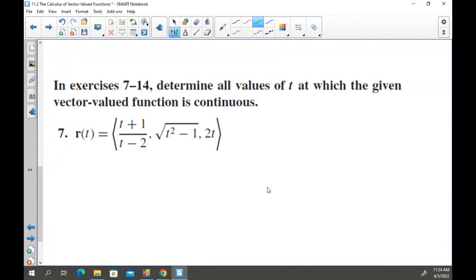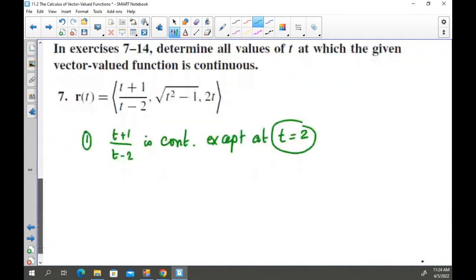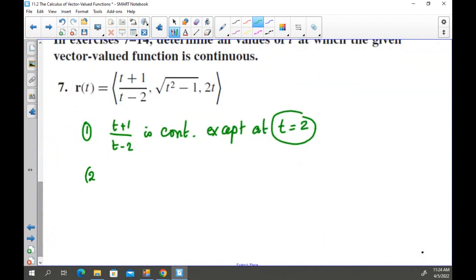The first one, t plus 1 over t minus 2, is continuous everywhere except at t equal 2. So t equal 2 is a problem because of the first function, so we need to exclude it.